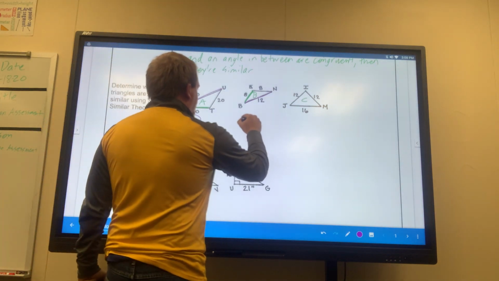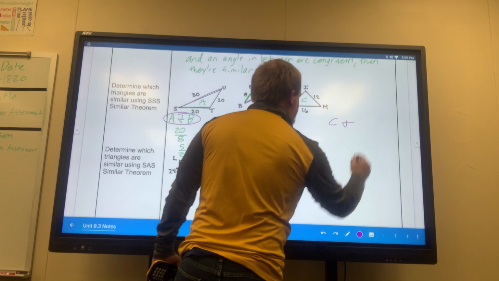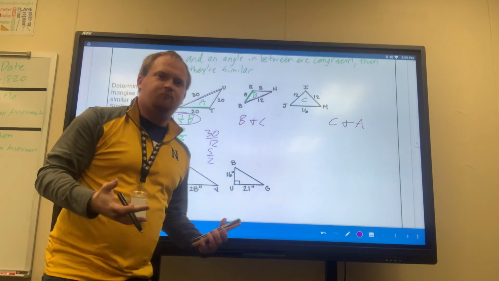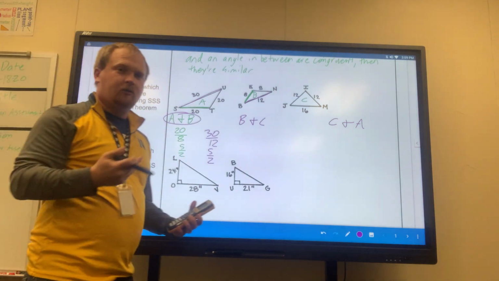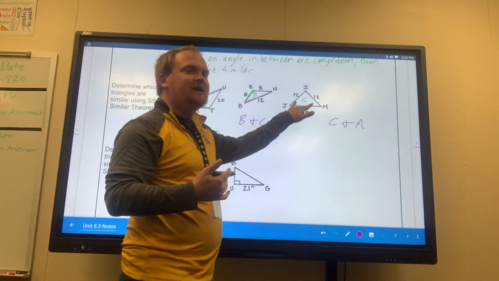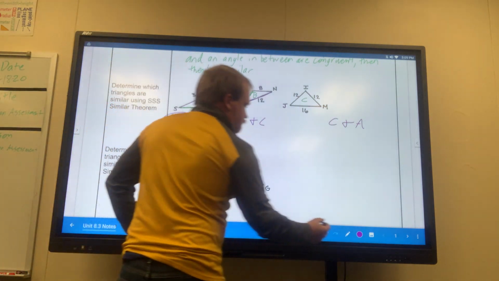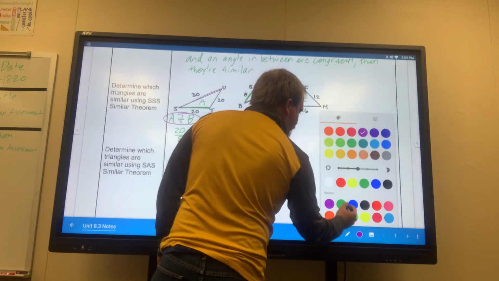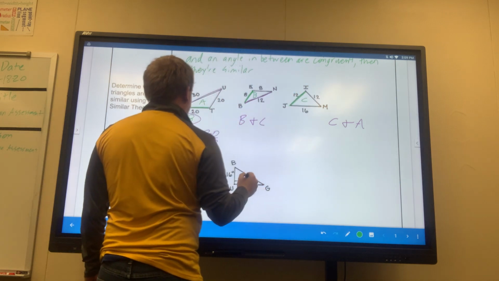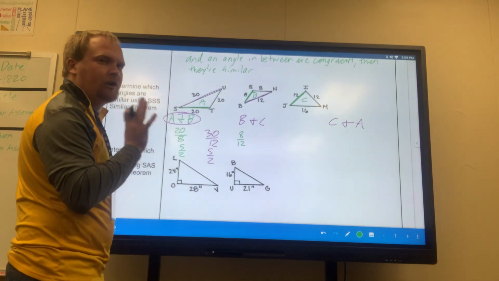The other two possibilities are B and C, and C and A. Now, if I want to figure out if B and C are similar, BE corresponds to JI, so I'm going to say 8 over 12.